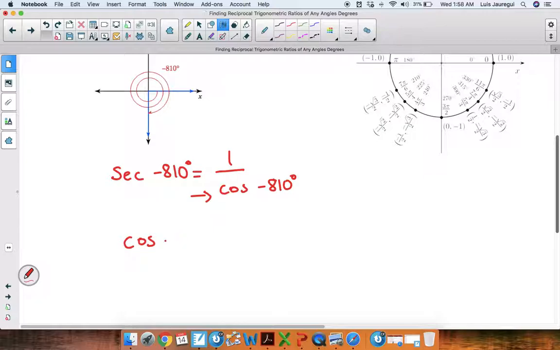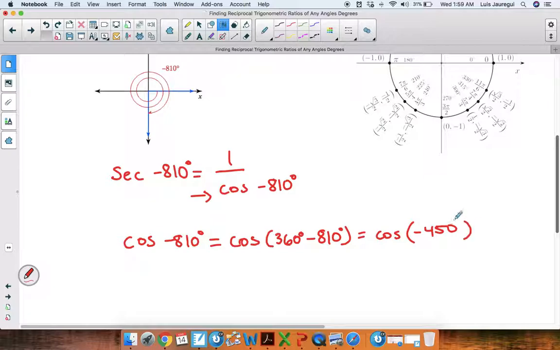So cosine of negative 810 degrees should be equal to the cosine of a coterminal angle. So let's find cosine of 360 degrees minus 810 degrees. And this is equal to cosine of negative 450 degrees. Now, we're going to find another coterminal angle here by doing the following.